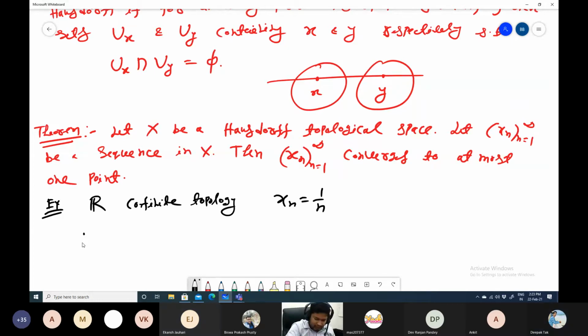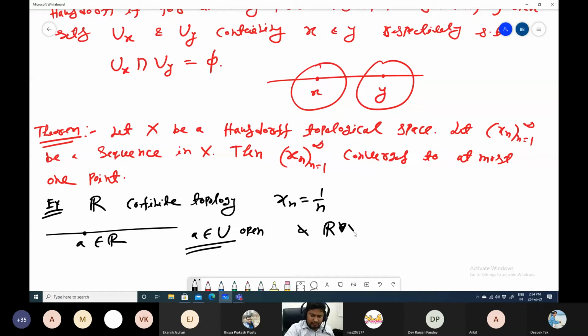Because if you take any point A in R, and you take any open set U containing A, what does it mean that U is an open set? It means that R minus U is finite.